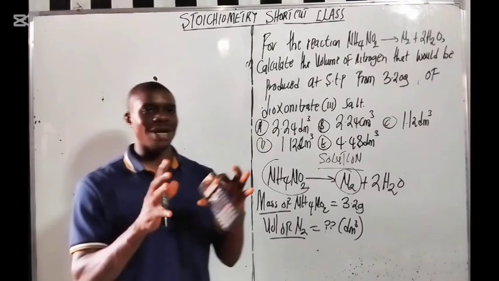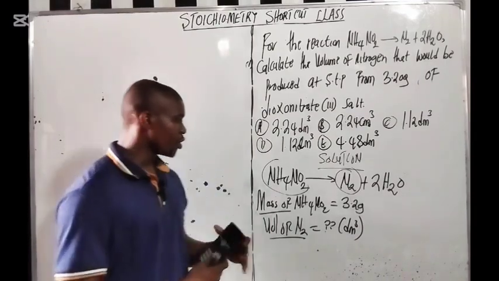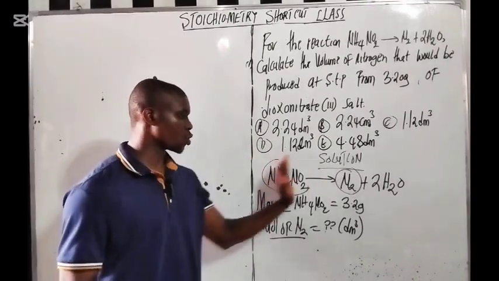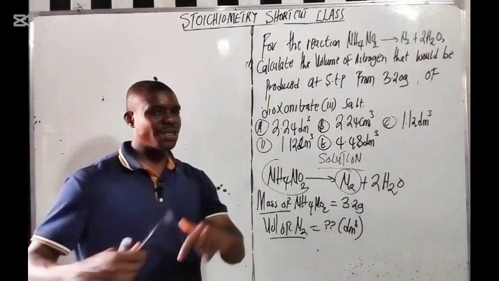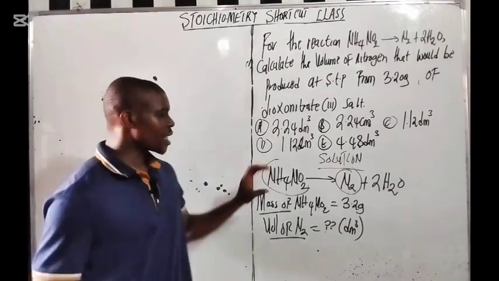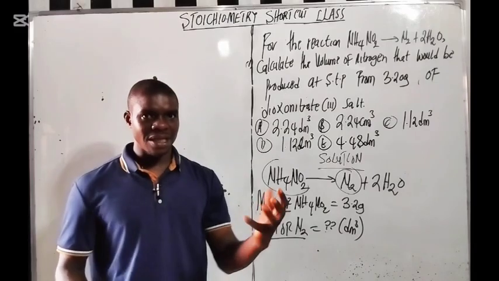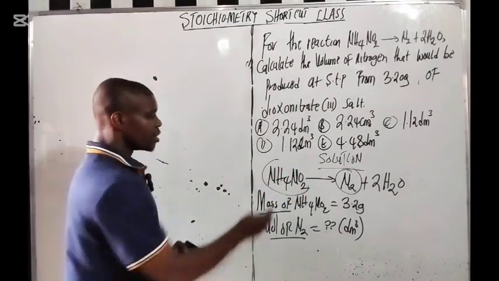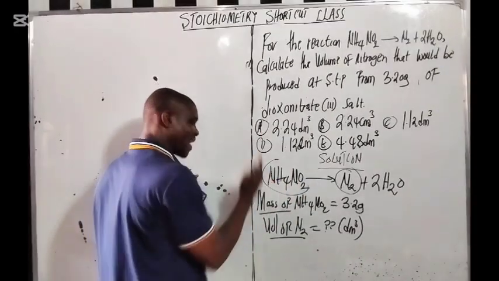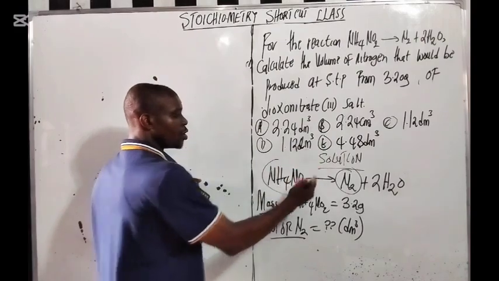So remember, you have to write out the balanced relationship. For the mole, here we have 1 mole of this guy giving 1 mole of this guy, right? But I'm not talking about mole. They're talking about the mass of this guy here and the volume of this guy here. So how do we equate them together here? The molar mass of this compound times 1 is equal to what?